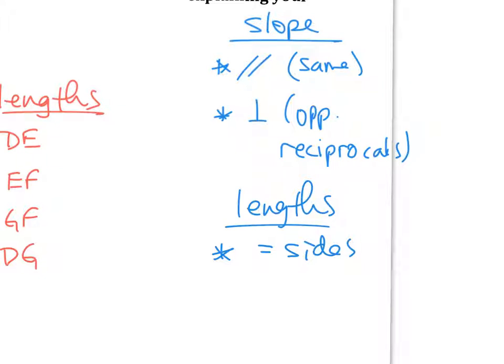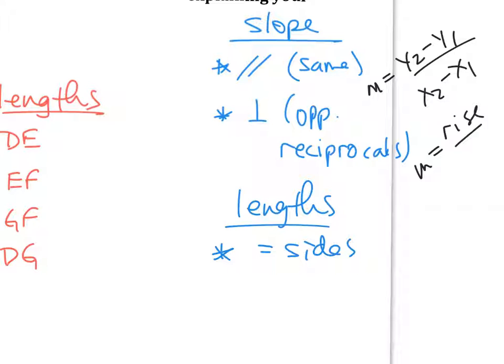So 2 things that you have to make sure that you know how to do. Number 1, finding slope. You can use y2 minus y1 over x2 minus x1, or just do rise over run since it's already graphed. Big reminder is that positive slopes go up from left to right, negative slopes go down from left to right.